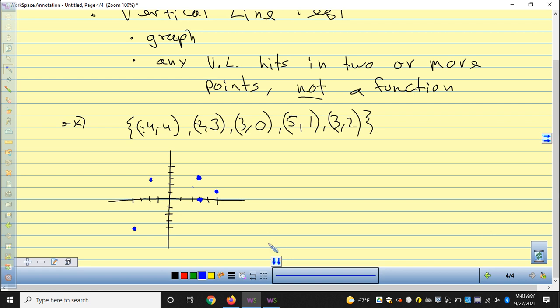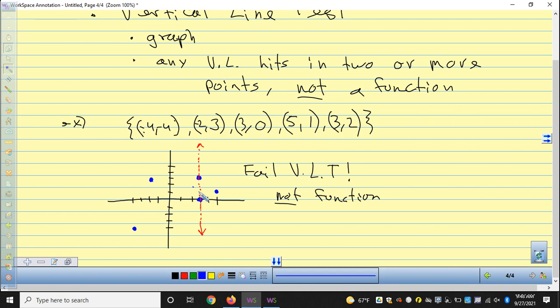If I draw a vertical line here, it hits those 2 points at one time. So we say it fails the VLT, vertical line test. That means it is not a function. And this would be an example, kind of going back to what we talked about on Friday.